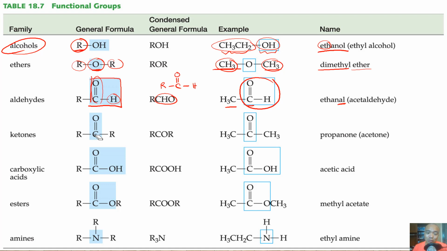It's not just the functional group itself. So in this case, the carbonyl group, or CO double bond, is flanked by two hydrocarbons. That's why this functional group is called a ketone functional group. When you look at the name of the compound, it has an ONE ending.